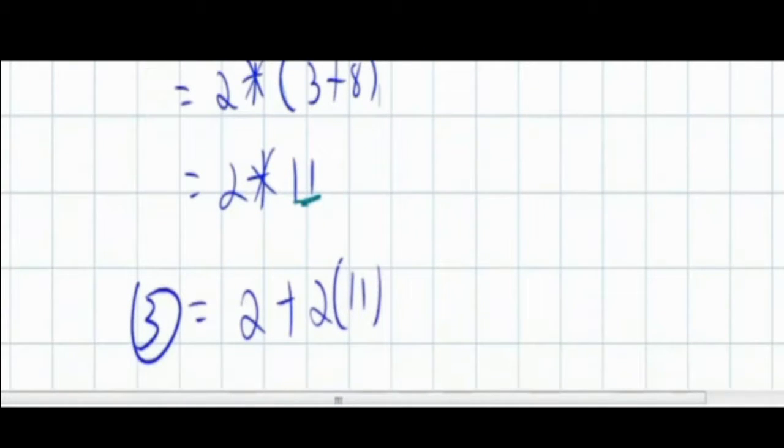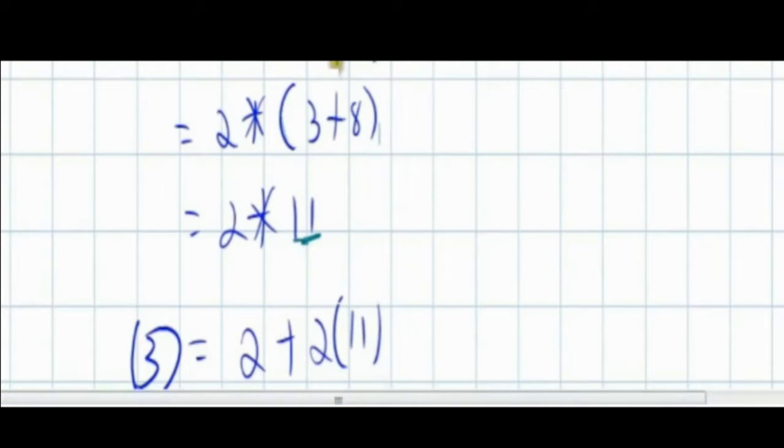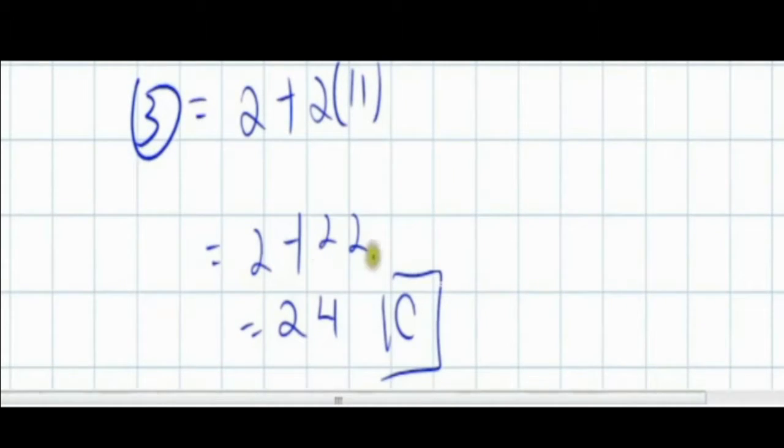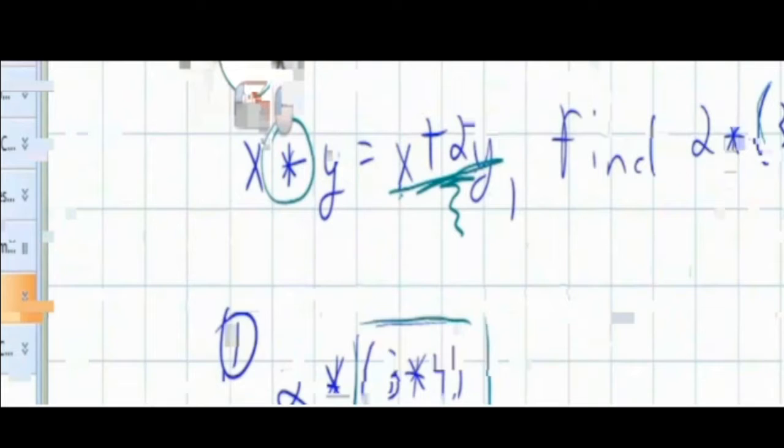So now I have 2 star 11. So now I'm just going to do the same process again. I'm going to take 2 plus 2 times 11, because that's what this original process told me to do. So 2 times 11 is 22, and 2 plus 22 is 24. And that is option C.